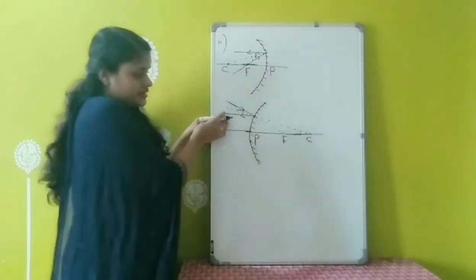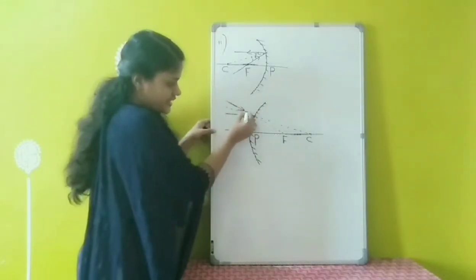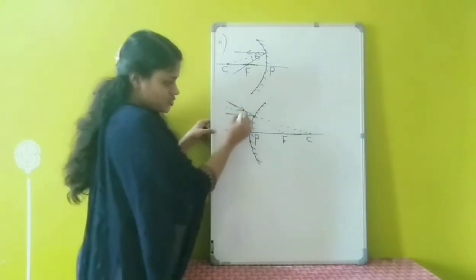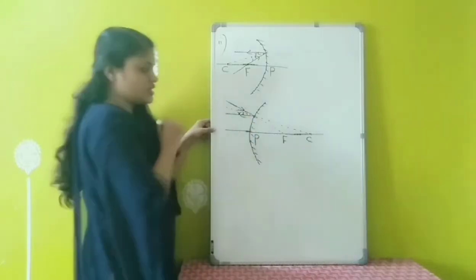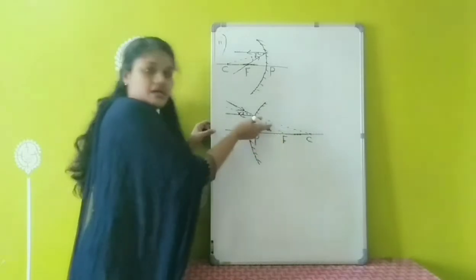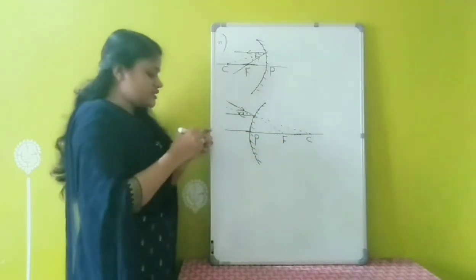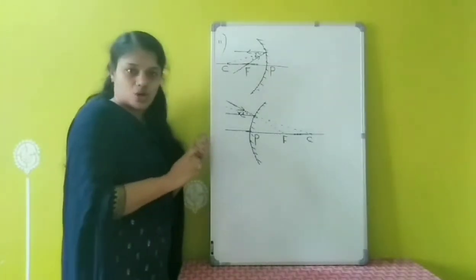Dotted line here, and here what is the incident ray? This one. This is the incident ray. It is directing towards the focus. So this is angle of incidence, and this going parallel means there is a reflection. This is angle of reflection. Clear? So a light ray which is directing towards the focus after reflection passes parallel to the principal axis. This is the second rule in case of concave as well as convex mirror.